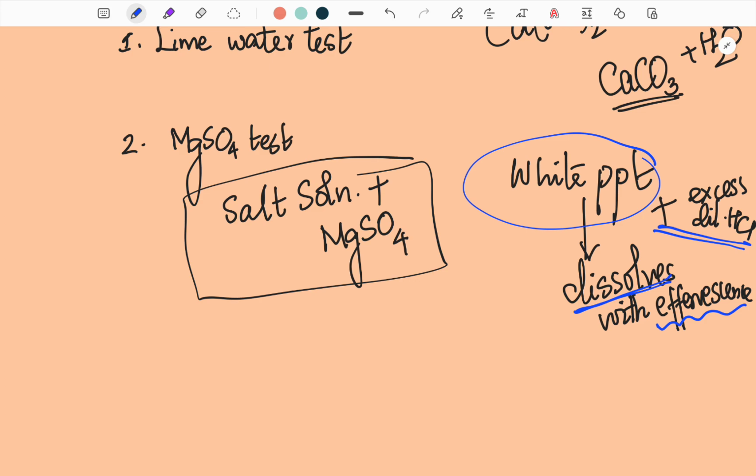So what is the chemistry behind this? When you are taking the salt solution and adding magnesium sulfate, you are getting a precipitate of magnesium carbonate. Now, this magnesium carbonate is white, and when you are treating it with HCl, it gives out carbon dioxide gas, which is responsible for the effervescence.